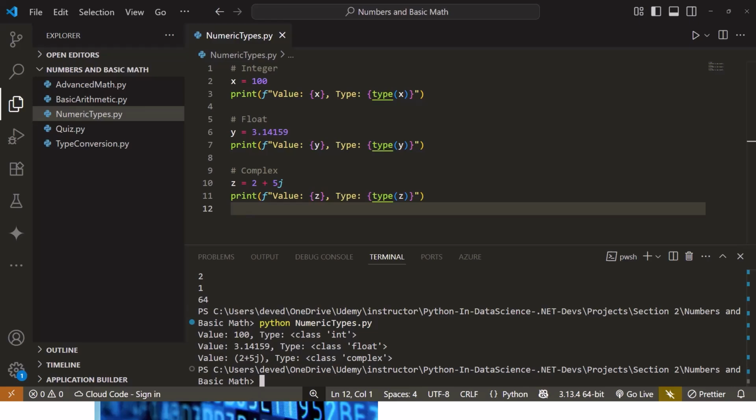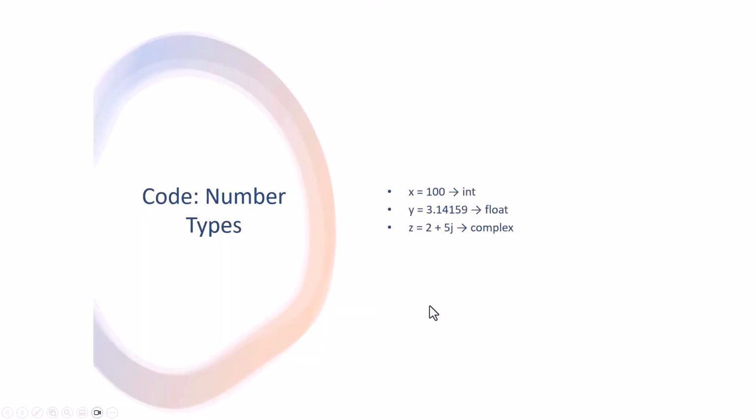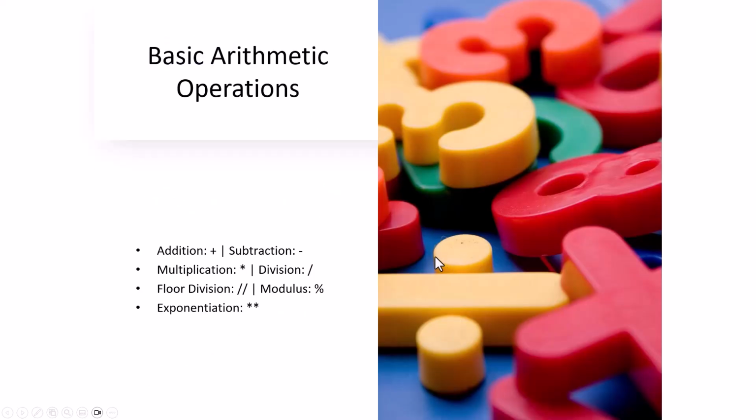So what are the basic mathematics operations? Let's switch over to the slides once more. This we have already covered, and number types: x integer, y float, and z is a complex number. Now basic mathematics operations are again the same as we are familiar with from our primary school days: addition, subtraction, multiplication, division, but there is a floor division and a modulus division.